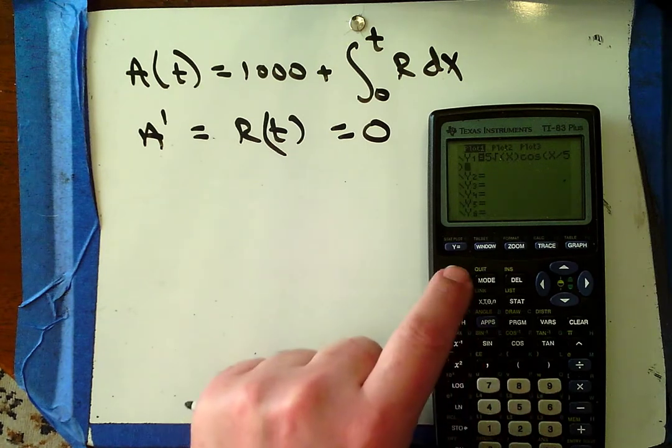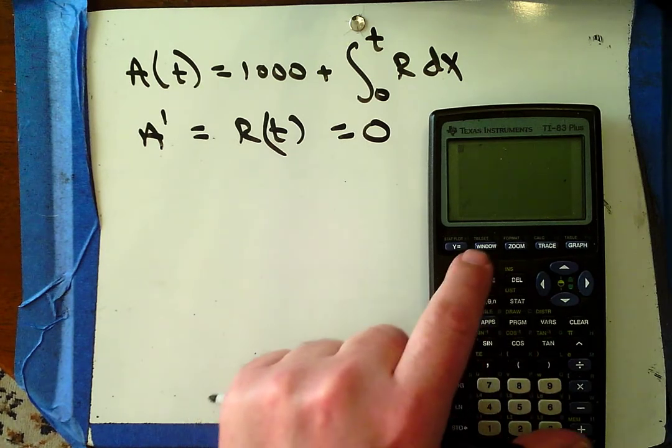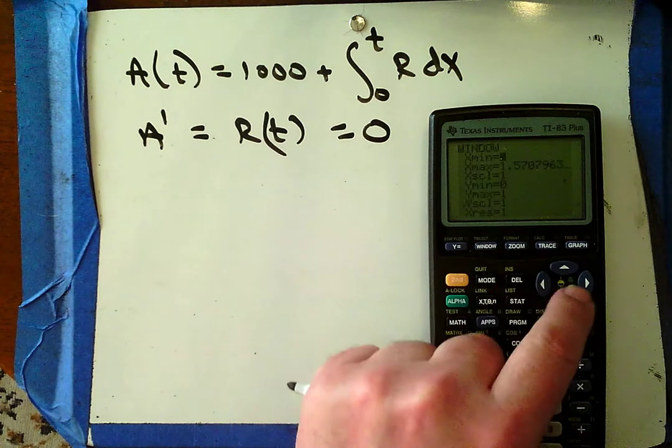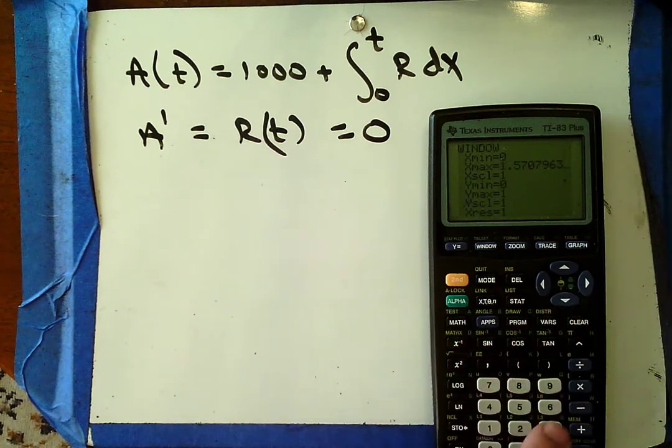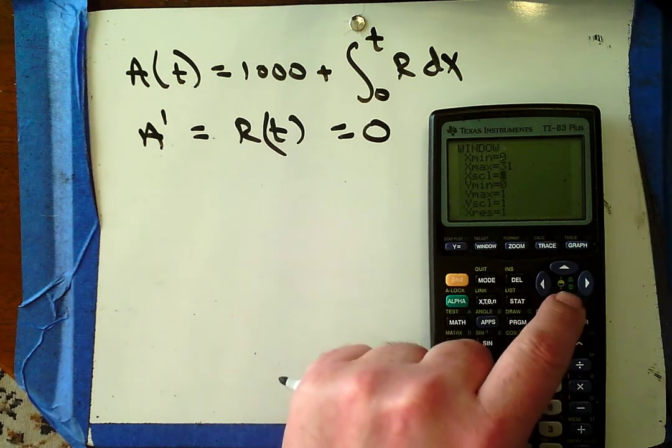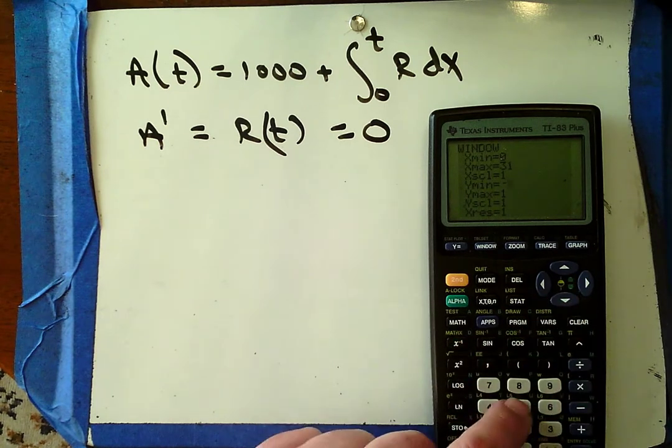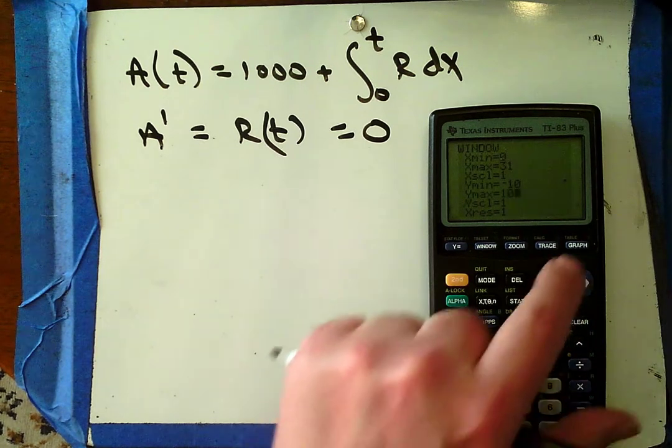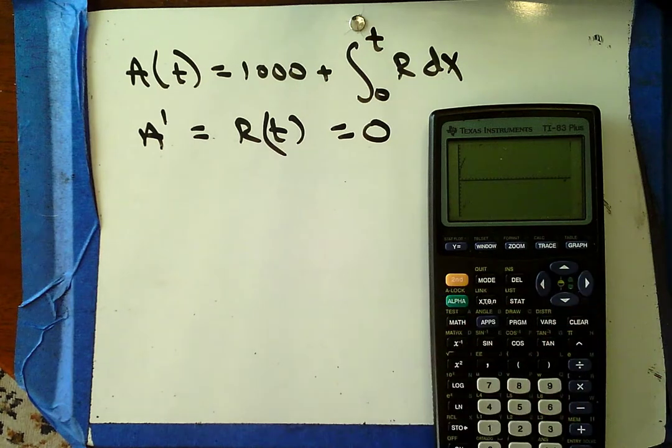Okay, so if I graph that function on 0 to 31, and for y minimum, I can't imagine having a negative number, but it's a rate function, so I can't have a negative rate. I'm going to go negative 10 to 10, because really I'm just looking for x-intercepts. I see one zero. I see another zero.